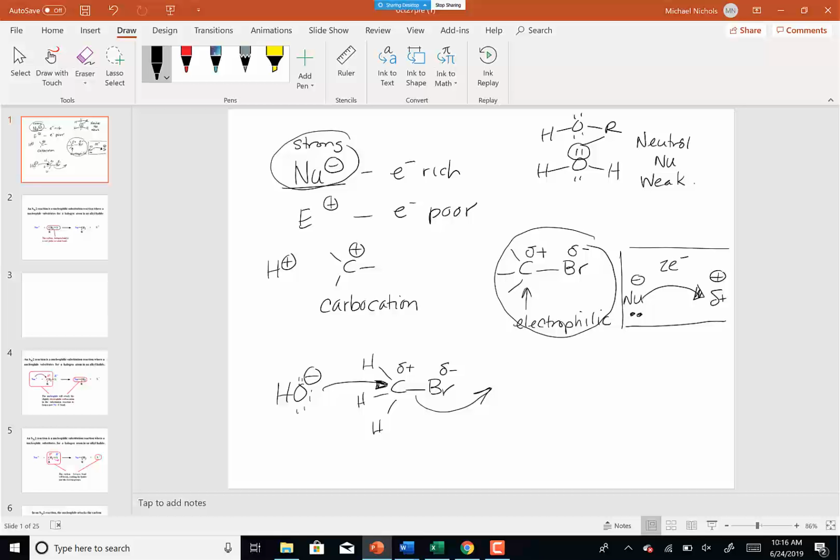So as the hydroxide comes in, the bromine gets kicked out. And so in the end, I'm going to have my OH attached to my CH3, and I'm going to have the Br minus then as its own group.